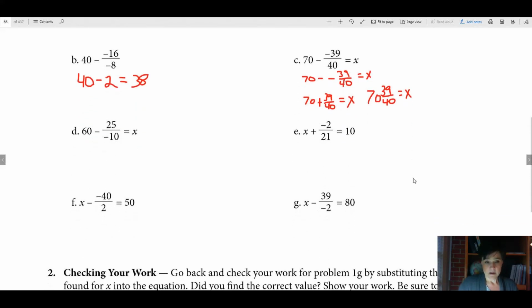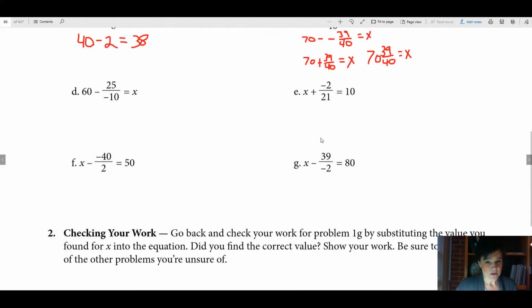Okay? All right, let's see if we can do this one. I'm going to have you do these last three yourself and just see if you can do those. This one has 1, so it's going to end up being written this way.